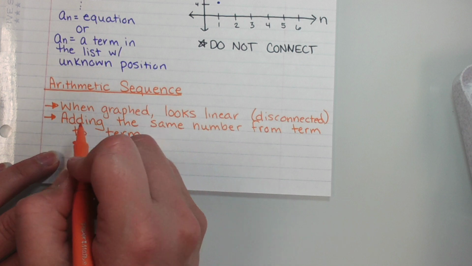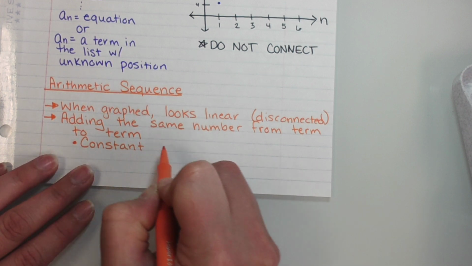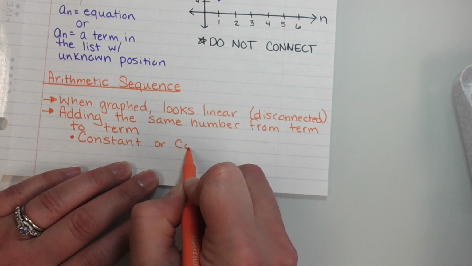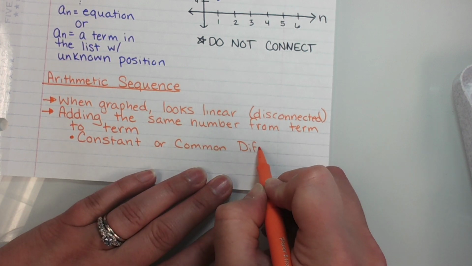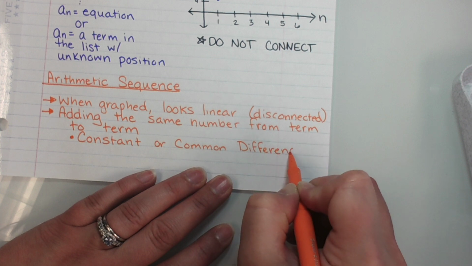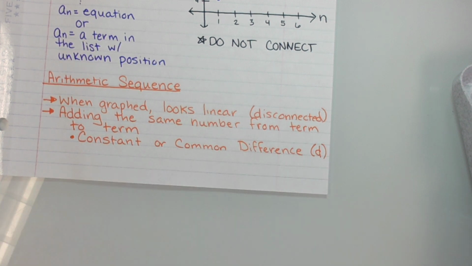That number that it's adding is called either the constant or common difference, and is given by the variable d.